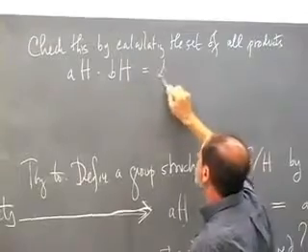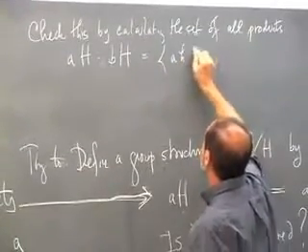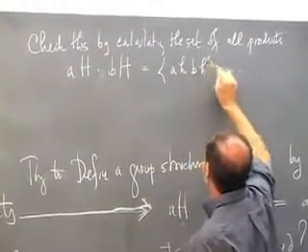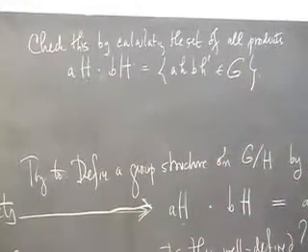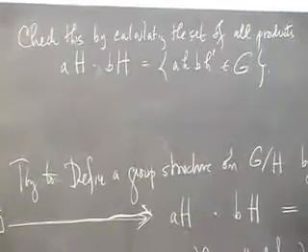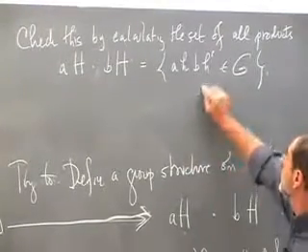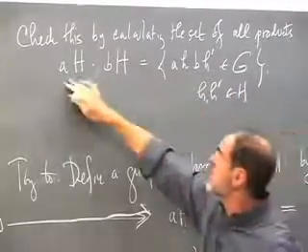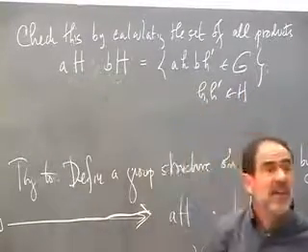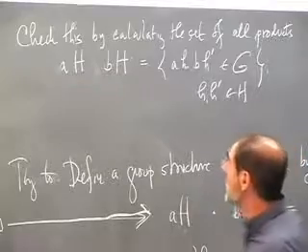So this means everything of the form AH BH prime in G. That's that set. Where H is anything in H and H prime is anything in H. That's what I mean. Take all things in this set and take all products with things in this set. Now, how do we calculate that?